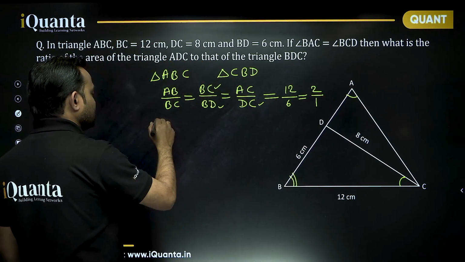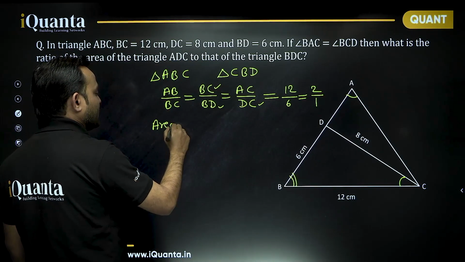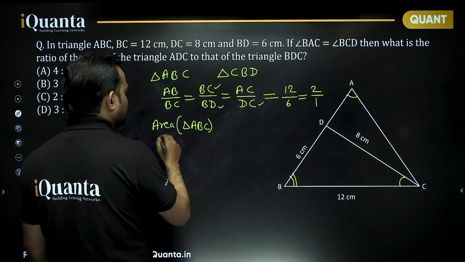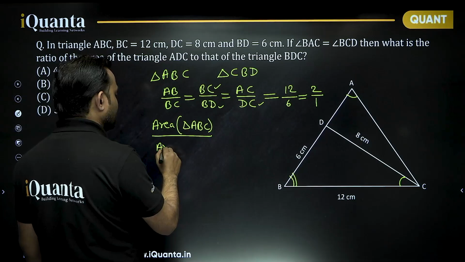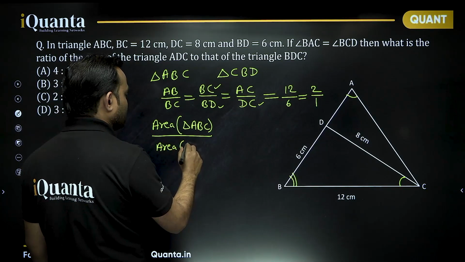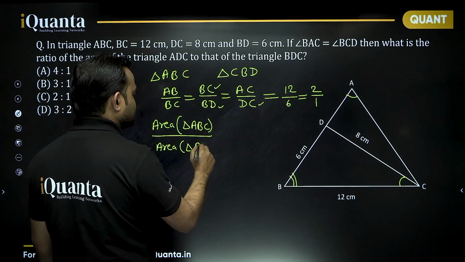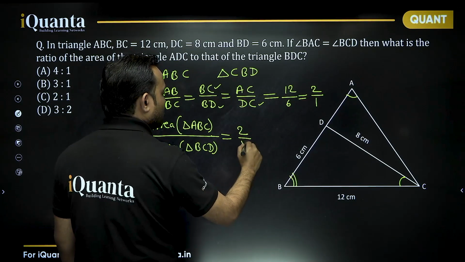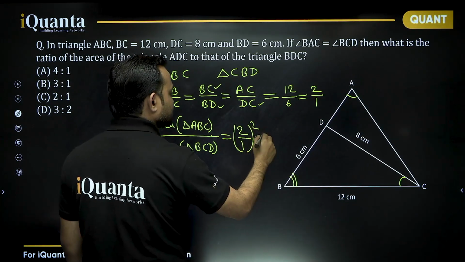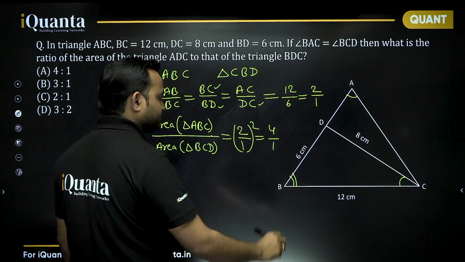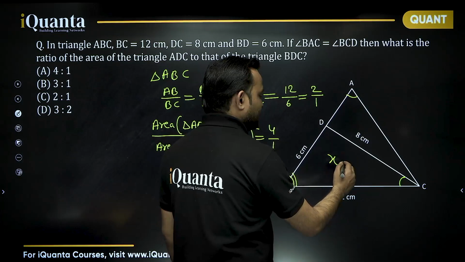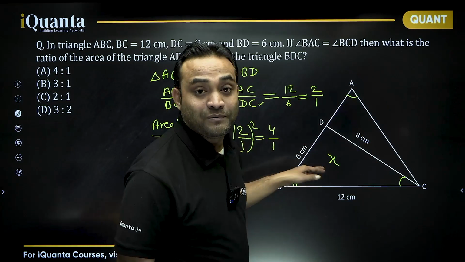Can we say that ratio of area of triangle ABC divided by area of triangle BCD will be equal to square of the ratio of the sides, which is equal to 4/1. Means if I take area of this triangle as x, the whole triangle will be 4x.